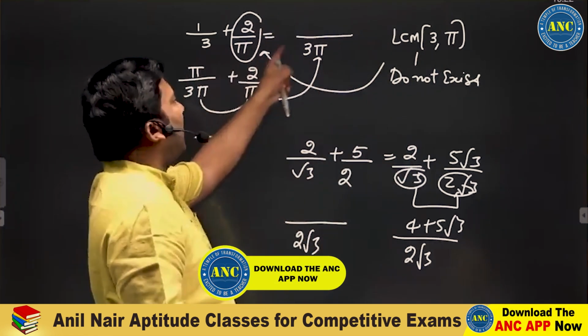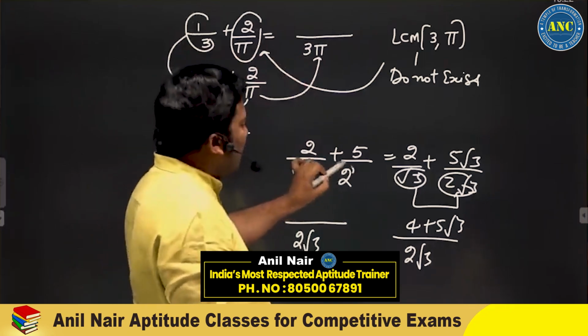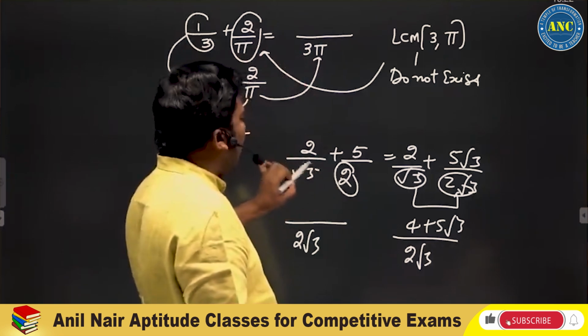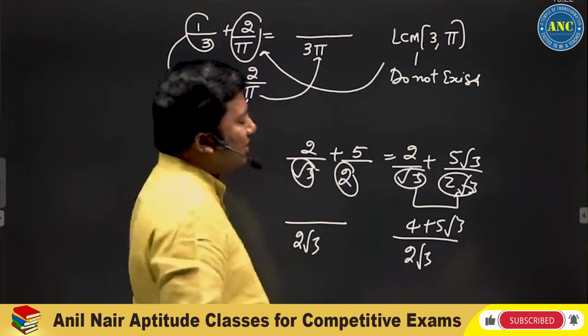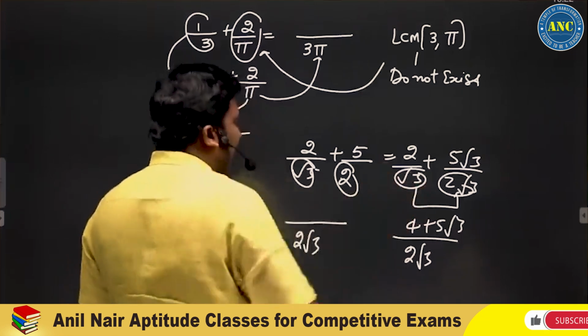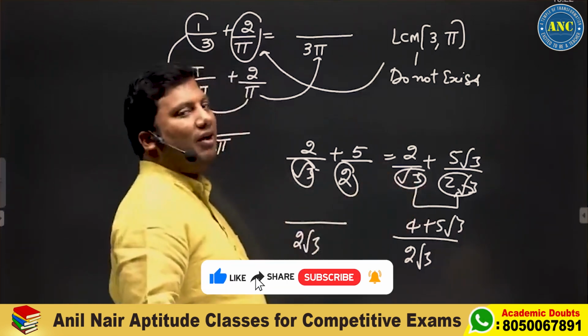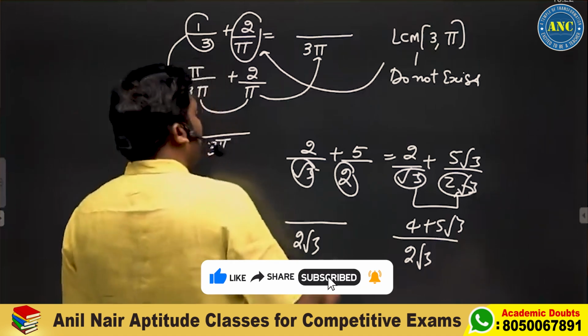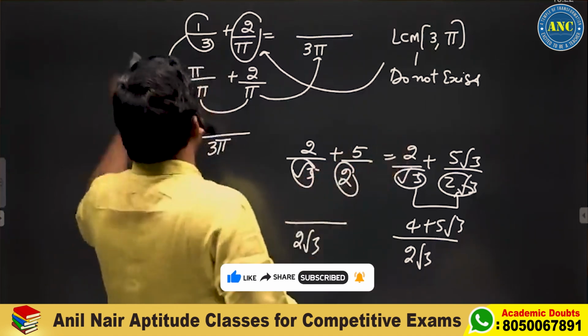How come here I am writing it as 3 pi? Because I am converting 1 by 3 into pi by 3 pi. Every natural number can be written as an irrational number. How come we are writing it as 2 root 3 when LCM is defined only for the same family of numbers? So I am converting 5 by 2 as 5 root 3 by 2 root 3.